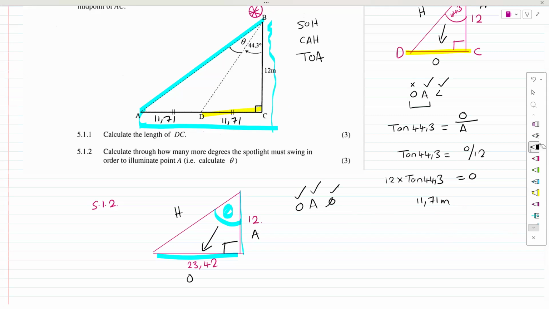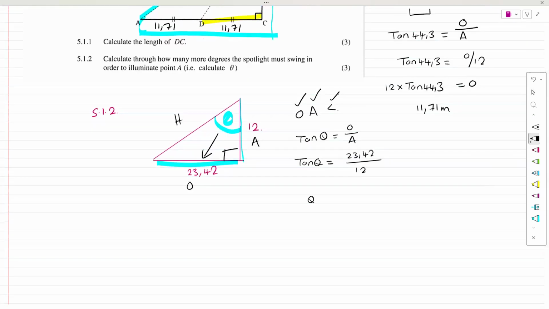How do we get this? We use tan in terms of SOHCAHTOA. So tan of theta equals opposite over adjacent, which is 23.42 over 12.